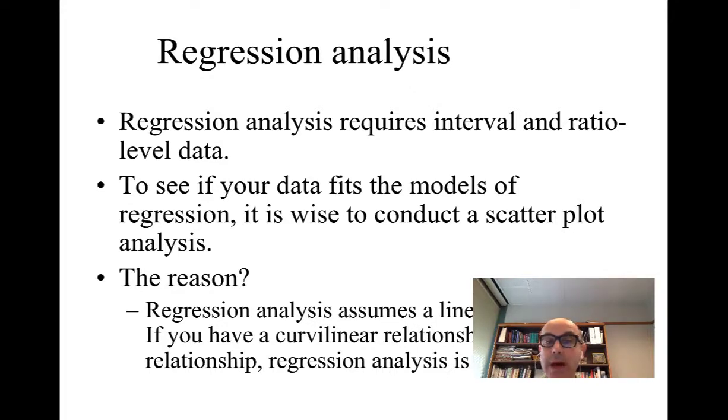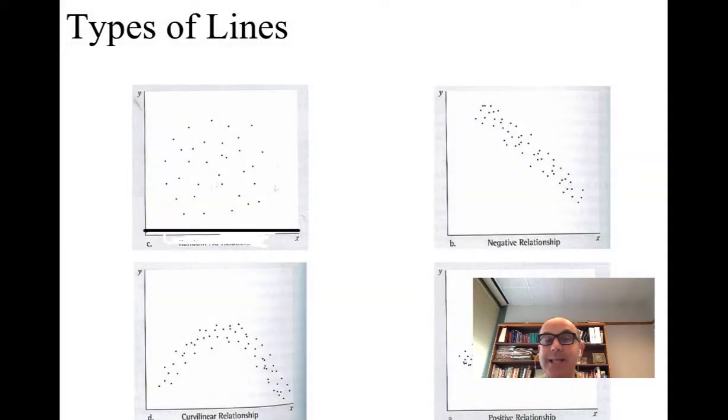We are trying to see if the data we have can fit into our regression model. The reason is that regression analysis assumes a linear relationship. In that case, we can see the type of relationship in the form of a graph: negative, positive, or none of the above.